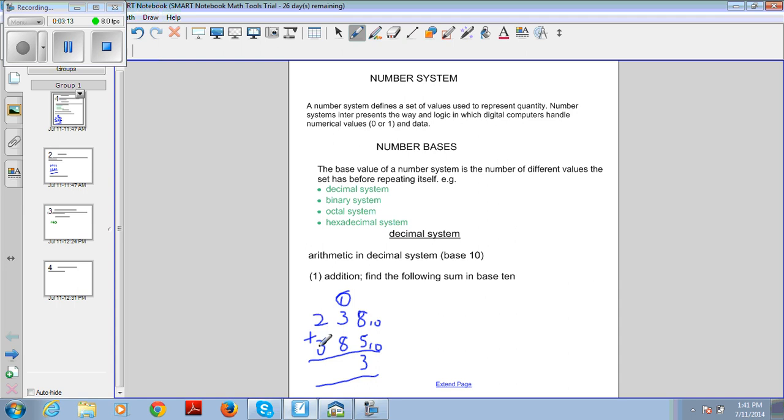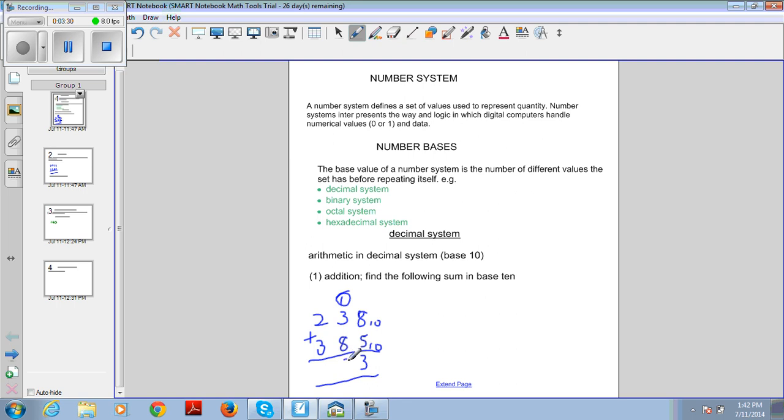8 plus 3 is 11 plus 1 is 12. So 12 is bigger than the base. You divide 12 by 10, you have 1 remainder what? 2.